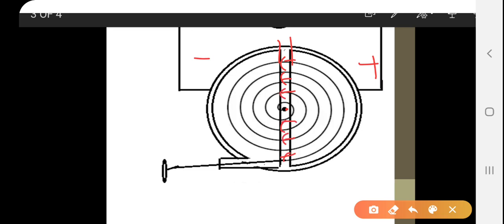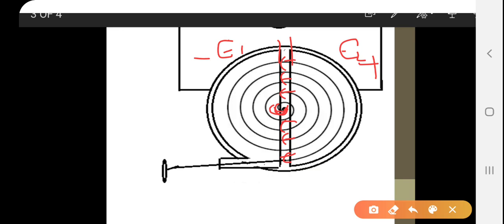So this ion source enters the electrode. Consider this semicircle, or semi-cylinder, as electrode E1 and the other as electrode E2. Now this ion enters the first electrode.